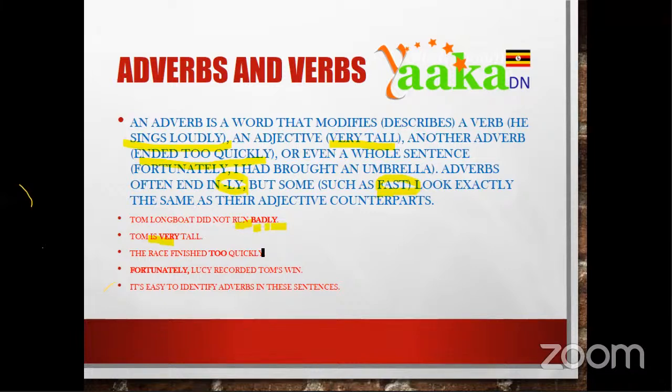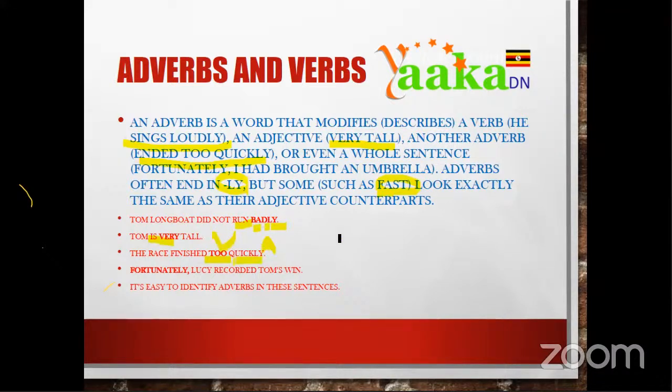Too quickly. Which word do I underline first? Because you have to tell me maybe too is a verb, quickly is an adverb, or too is an adverb, quickly is a verb. Too is the adverb and quickly is the verb.